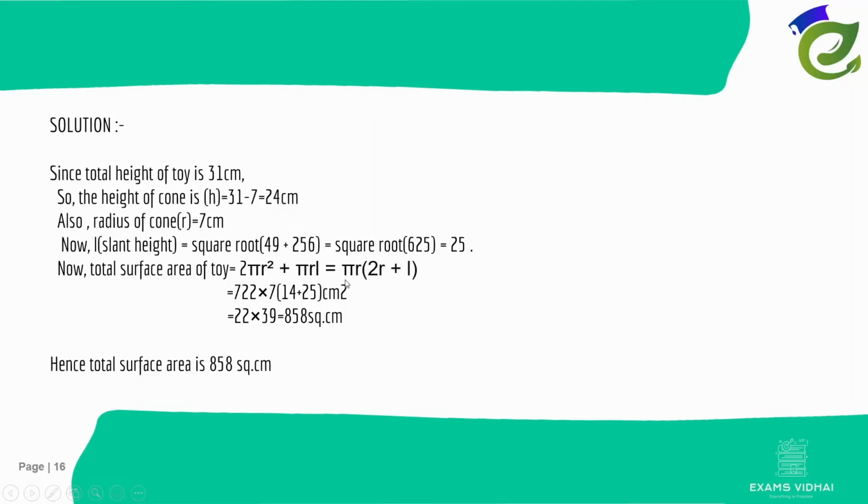If you take 2 pi r common, it is 2 pi r of 2r plus L. Substituting the values, pi is 3.14, r is 7, L is 25, we get 858 square centimeter. So our total surface area becomes 858 square centimeters. Okay, there will be a direct question. Generally we need to substitute the values. That's it.